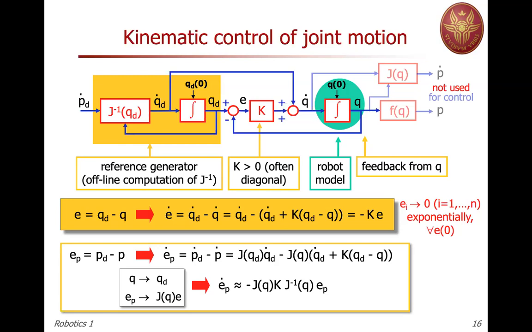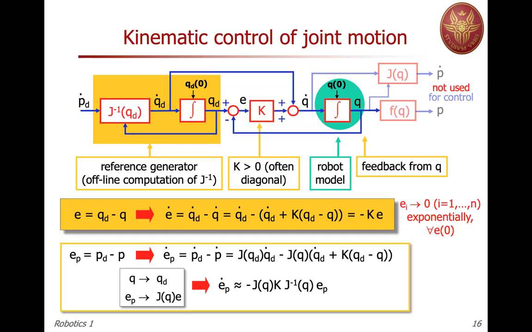So this displacement can be associated to the inverse Jacobian of a displacement, which is nothing else than the error in the Cartesian space. So you have this final approximation. You say that e_P dot, so the way in which the error evolves in the Cartesian space when I'm controlling the robot in the joint space with this kinematic control, is approximately minus J of q times K, J to the minus 1 of q, e_P.